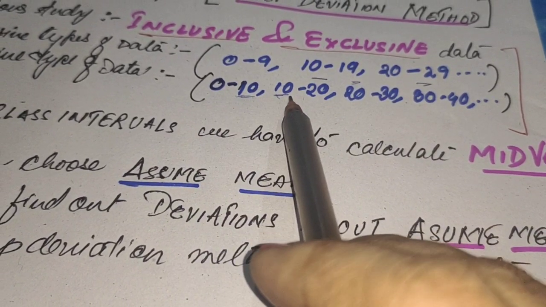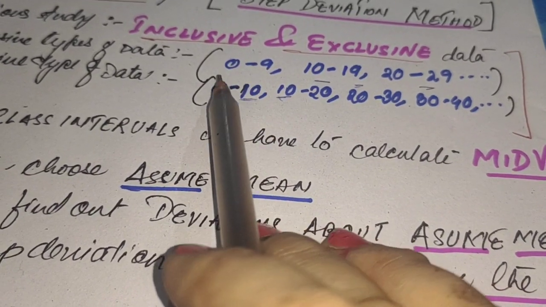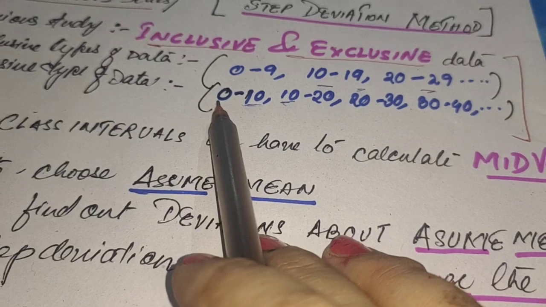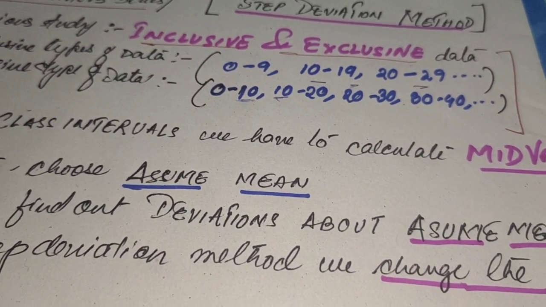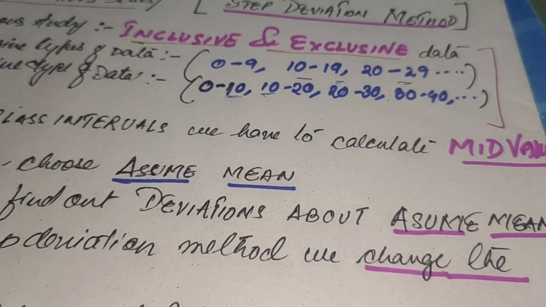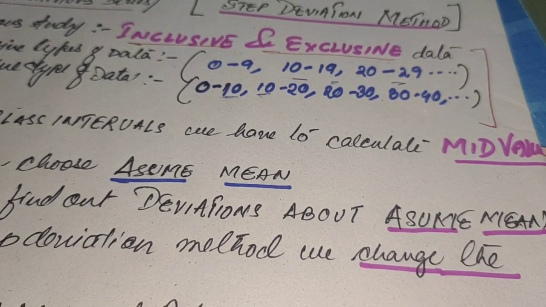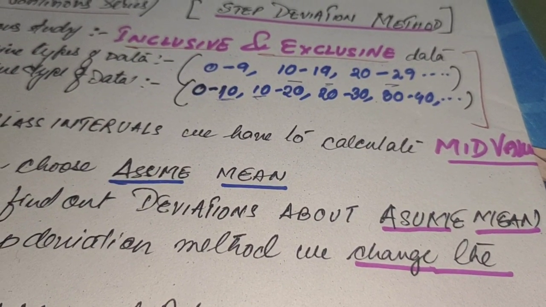In this type of case, how do we take the length of the class limit? Class limit means from 0 to 10. How can we calculate? We include 0 and then count 0, 1, 2, 3, 4, 5, 6, 7, 8 and 9.